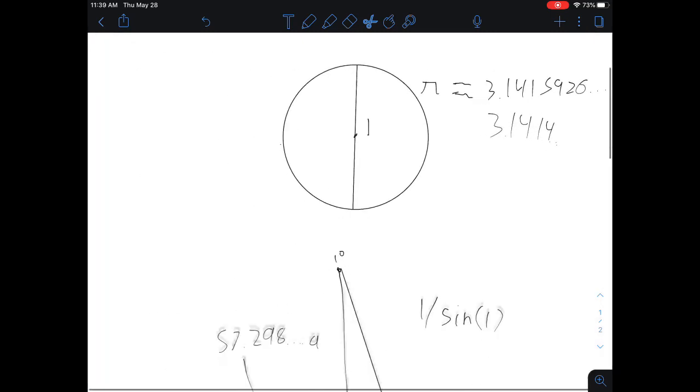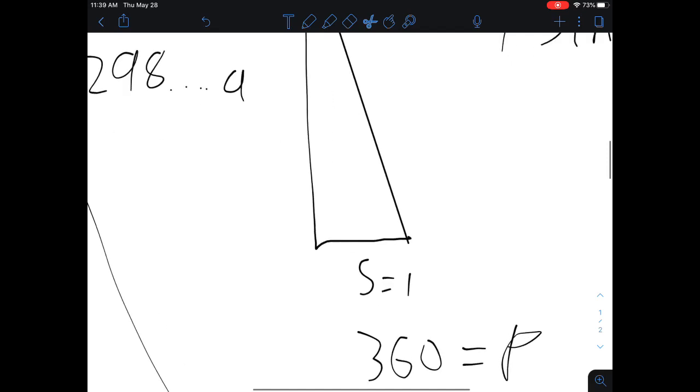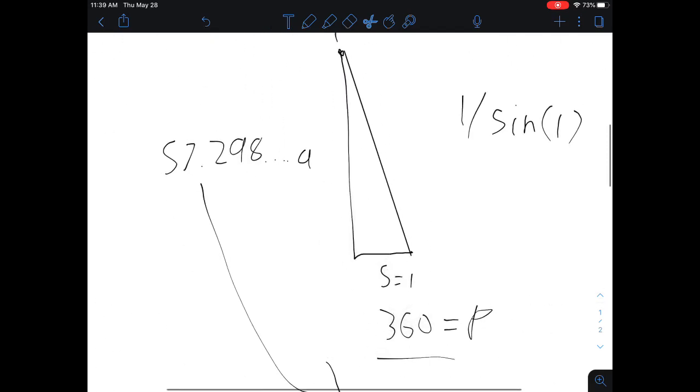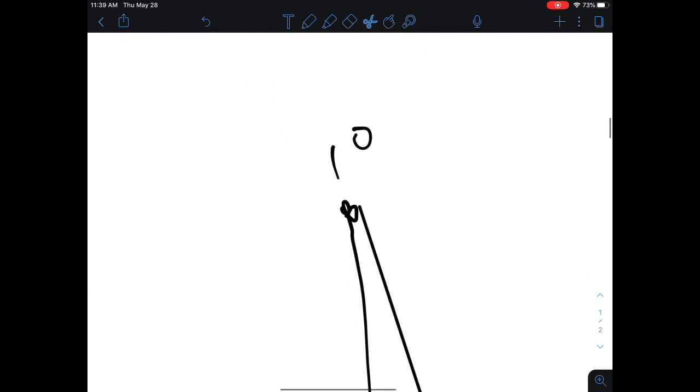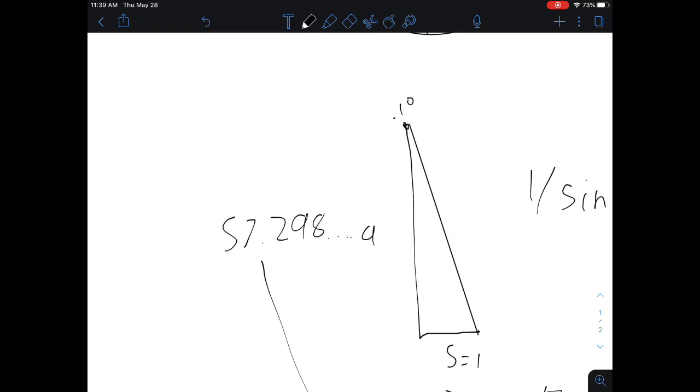But say we wanted to go even more accurate, we would just increase the amount of sides. So instead of this being 1, all we have to do is decrease the angle from 1 to 0.1, since we're going to add 10 times the amount of sides. So instead of 360 sides, it would be 3,600 sides.